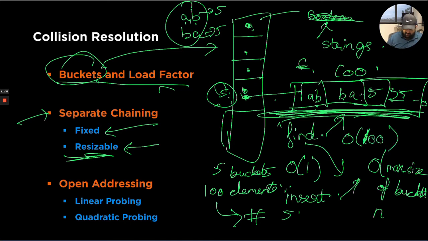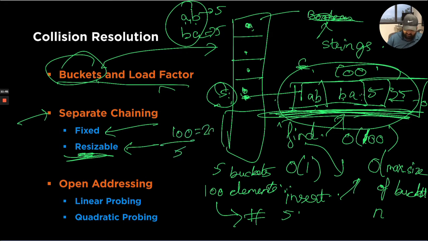We can fix this through resizing. If we take the load factor of this hash table, it will be the number of elements divided by buckets, which is now 20. So the load factor is 20. What we do is cap our load factor, because the insertion and find operations are directly dependent on the load factor.